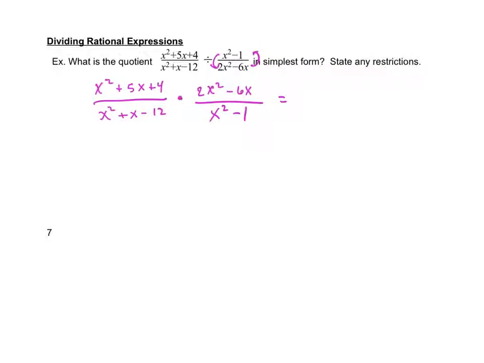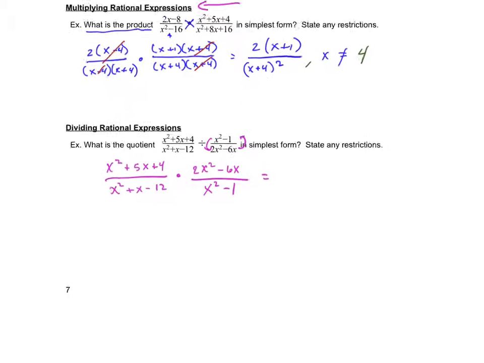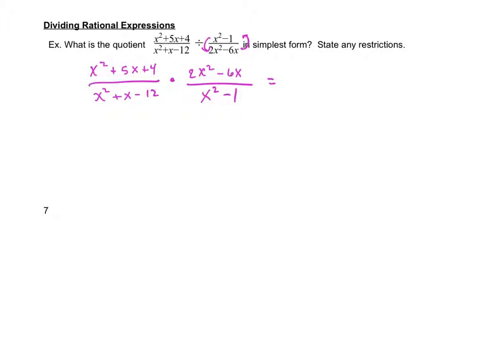Now I'm ready to do exactly what we did when we multiplied: factor, simplify, then multiply. As I factor the numerator right here, that becomes x plus 4, x plus 1. If you're having difficulty factoring at this point in time, you need to go to tutoring because it is something you should be able to do comfortably now.